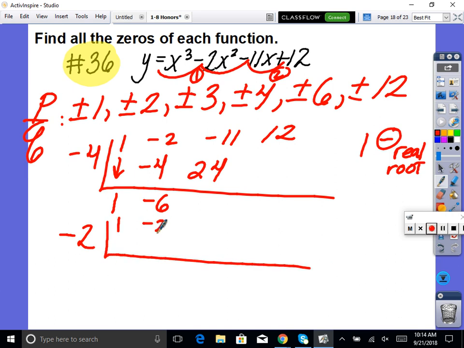Oh. Perfect, yay, we found it. No, we didn't.